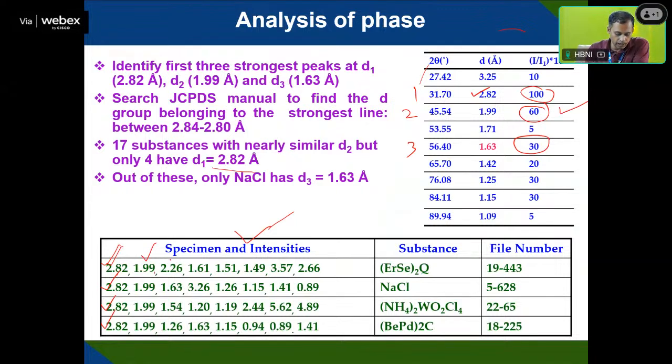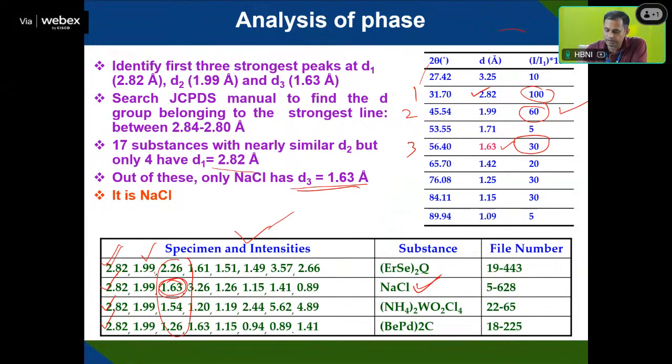But in the third plane, where you're getting 1.63, it matches only with this one. So only with the NaCl crystal structure is the third plane, D3, matching. That means your crystal structure is NaCl.